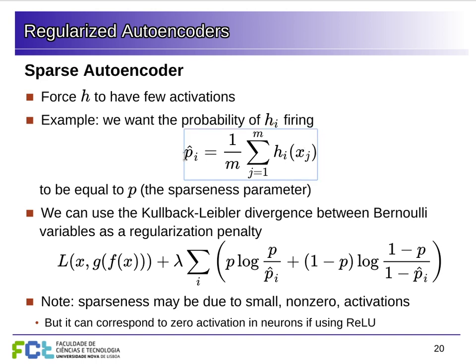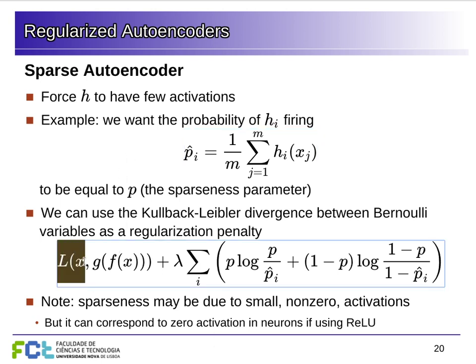And this p hat here is the probability that we measure on each example, which is simply the average activation of our neurons. So if the average activation is 0.1, this means that 0.1 of our neurons are active on average at the same time.